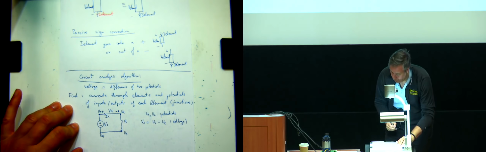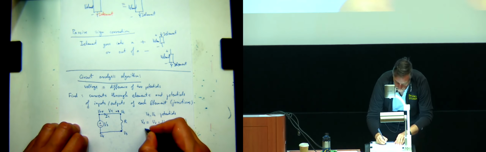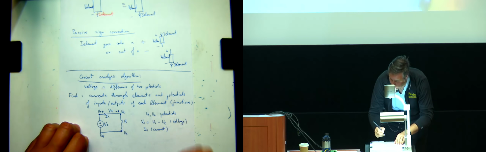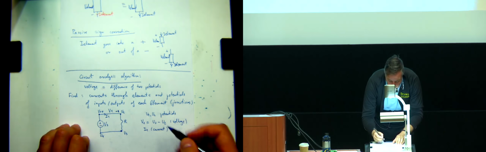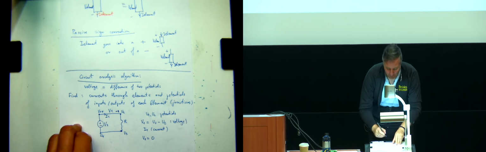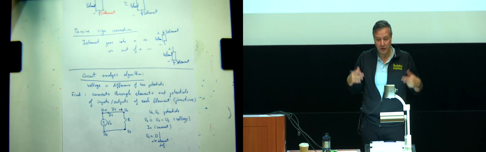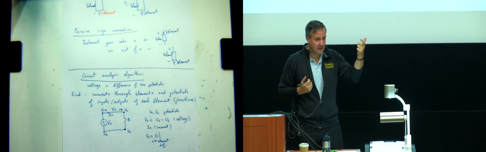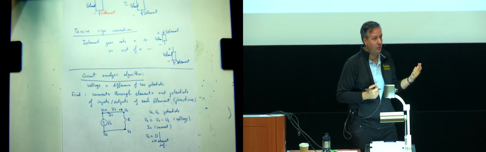So I1 would have to go this way. Right? So I1 will be current. Okay. And I can then say that for this element, V1 equals 0. This is the wire element definition. This is not something that the circuit tells me. I know this. When I see this element, I know that this is true. Right?